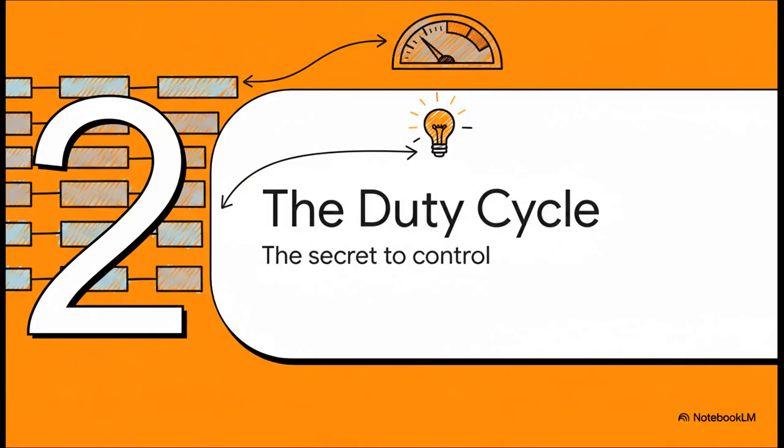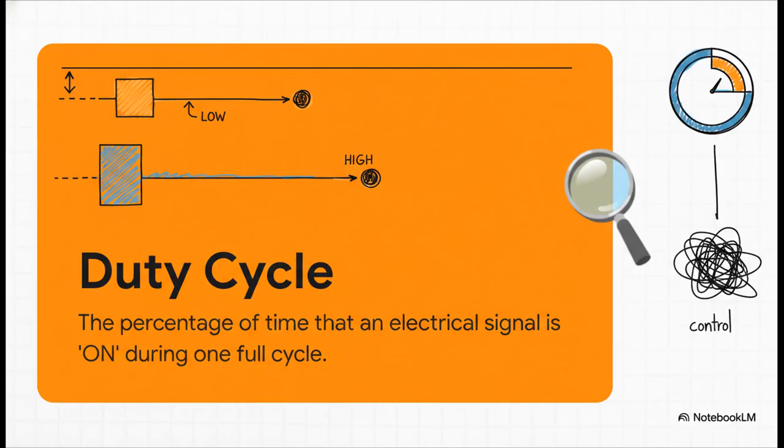Now, to control this whole effect with any kind of precision, we need a way to talk about that on-to-off ratio. And that brings us to the most important term of all here, the duty cycle. This is the key to everything. The duty cycle is really just a percentage. That's it. It tells us for any little slice of time what percentage of that time the signal is on. So a low duty cycle means it's mostly off.